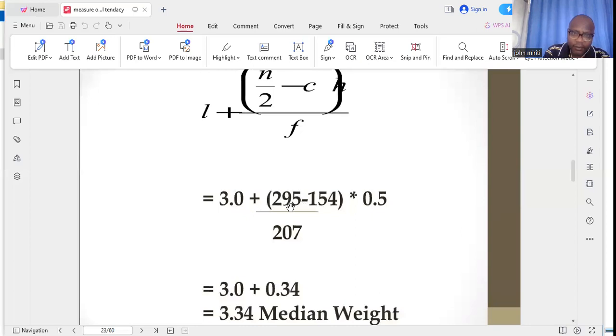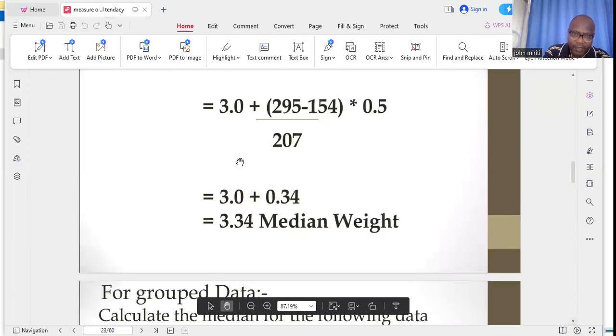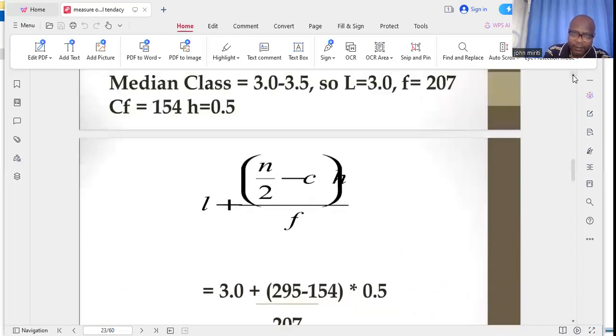By this you get that answer, then you multiply by 0.5, then it gives you 3.5 plus this times 0.5, by this you get 3.4. Then you add this one, you get 3.4. So the median weight is 3.4 in that calculation in this class.